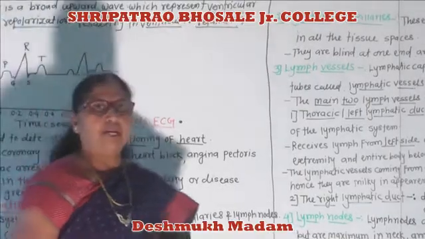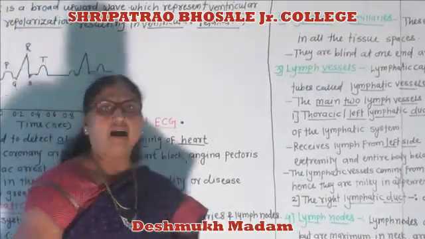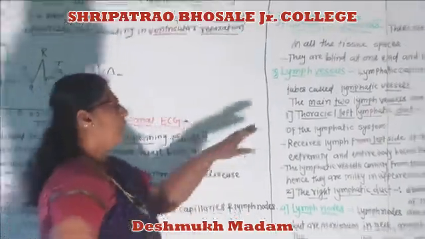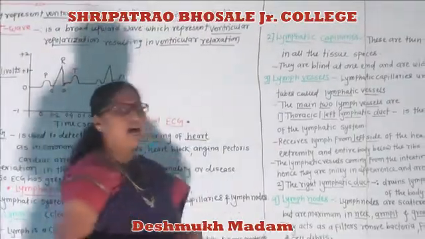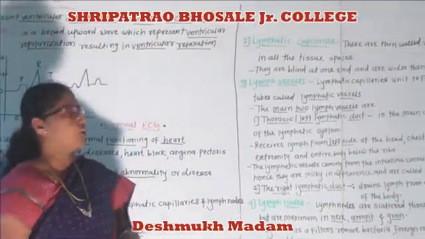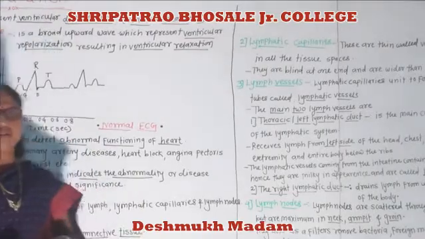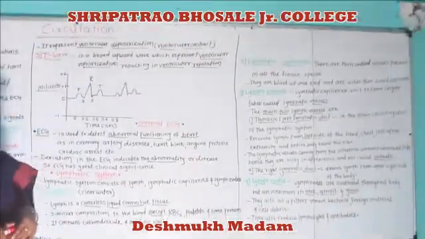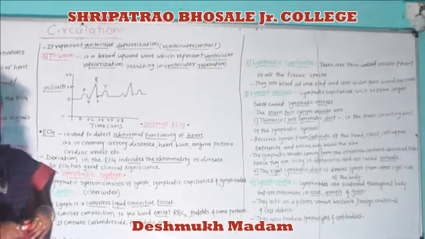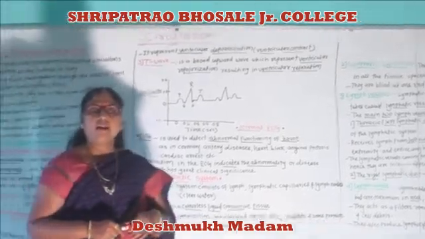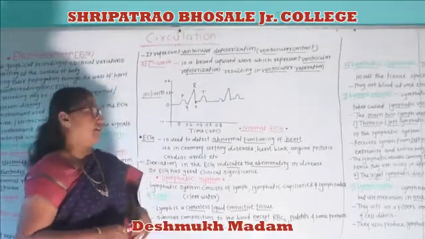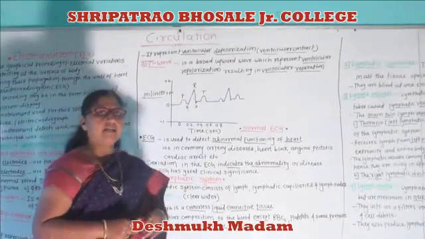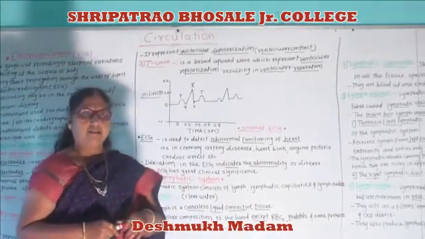The two main lymphatic vessels are first the thoracic duct, also called the left lymphatic duct, and second the right lymphatic duct.